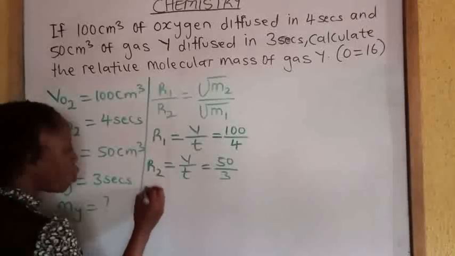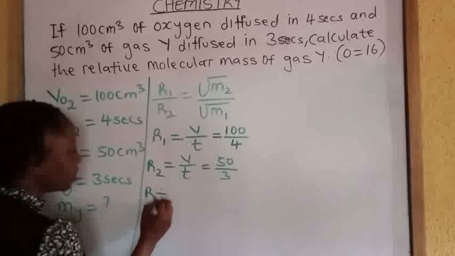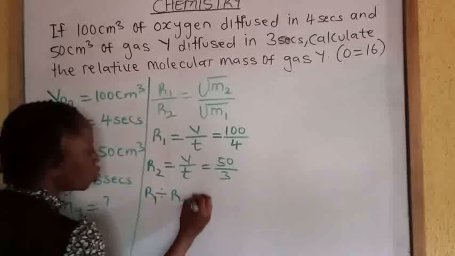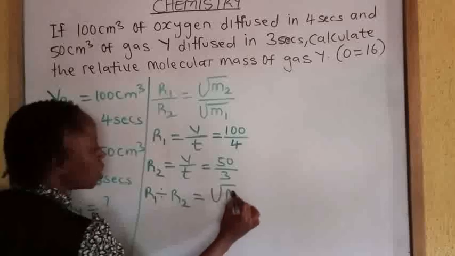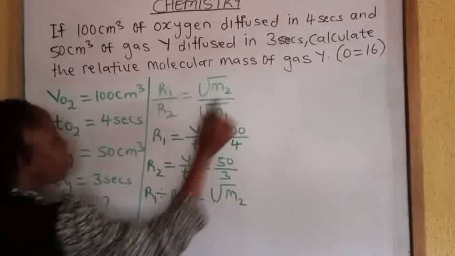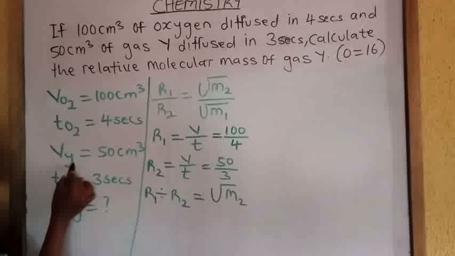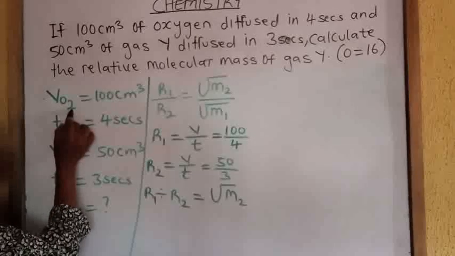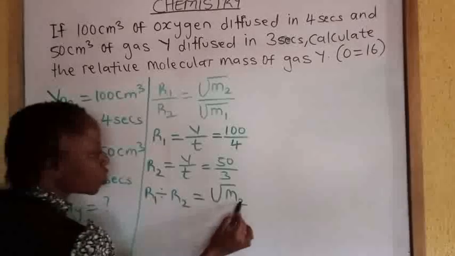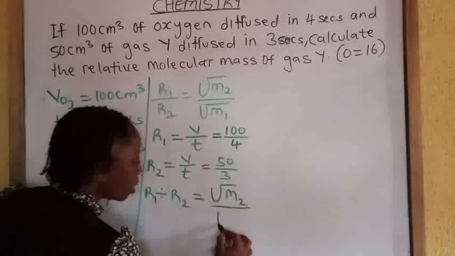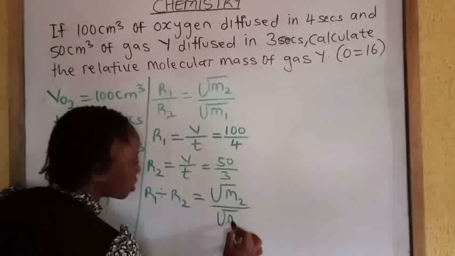So that would be R1 divided by R2 equals the molar mass of gas 2. M2 is the molar mass of the second gas, and this is the first gas. So the first gas is oxygen, and the second gas is Y, which is unknown. So the molar mass of the second gas divided by the molar mass of the first gas.